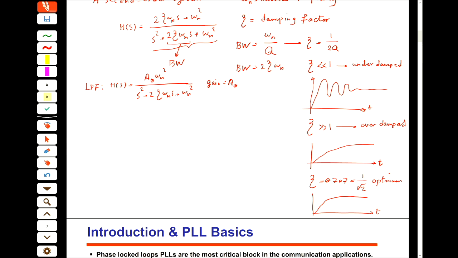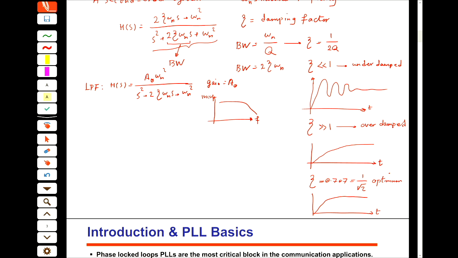If you look at the absolute value of H(s), it is something like this, as a function of f, omega, or s.